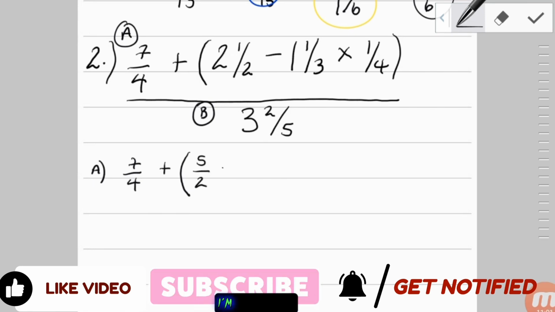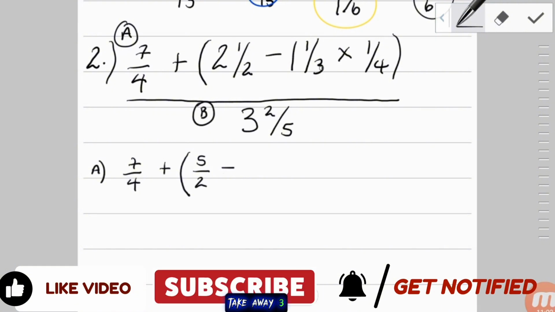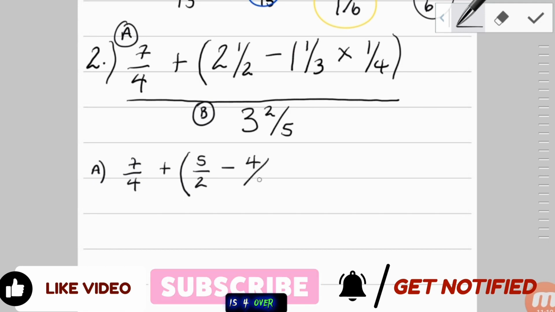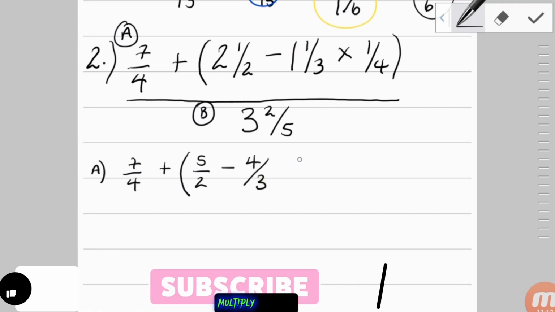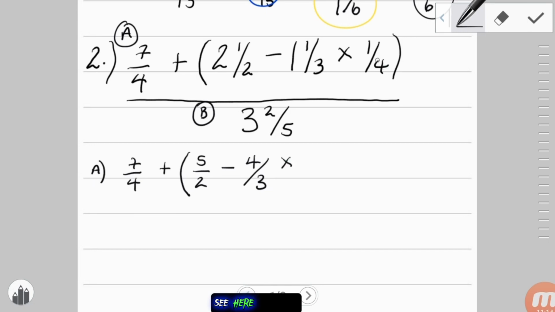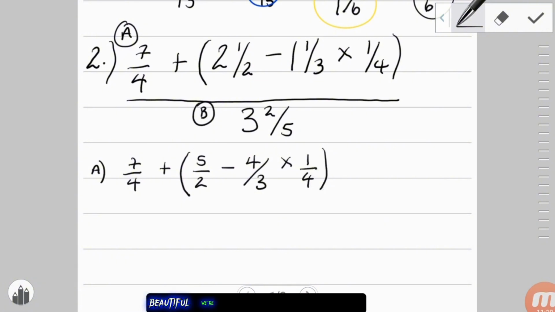And we're then going to say take away 3 multiplied by 1 is 3, plus 1 is 4 over 3. Multiply then by 1 over 4. There's no conversion needed there. Beautiful. We're still focused on what is inside the bracket, which is in fact subtraction and multiplication.